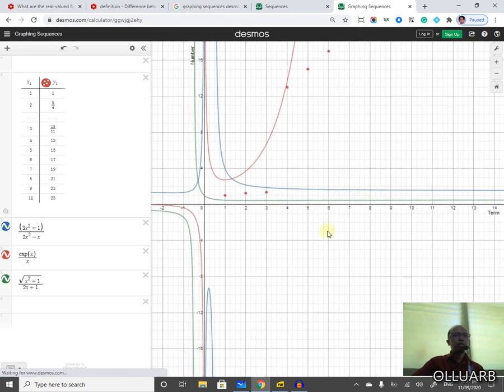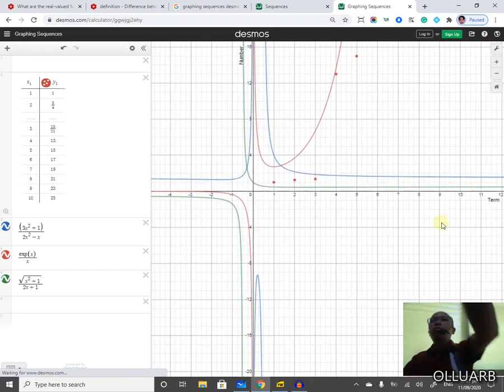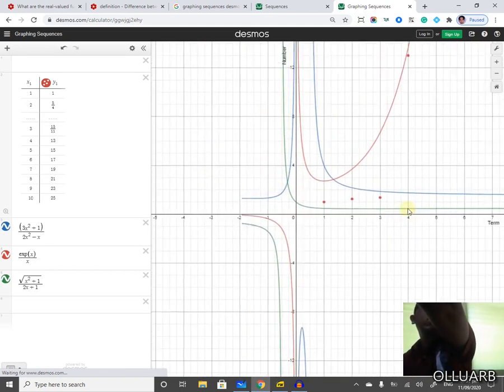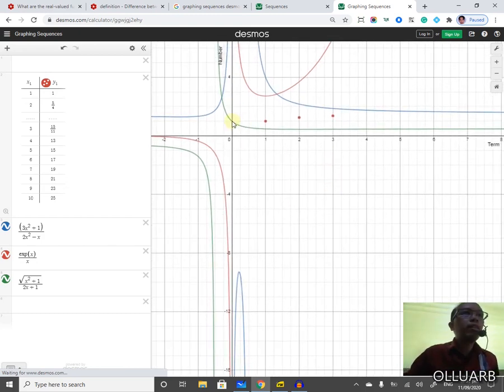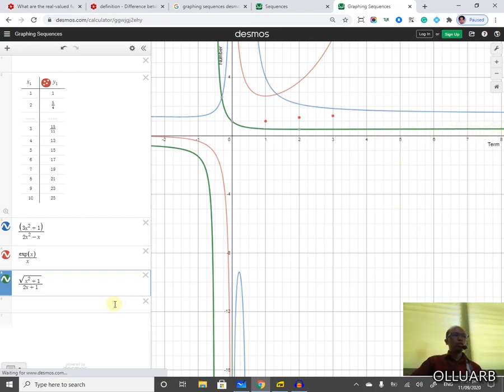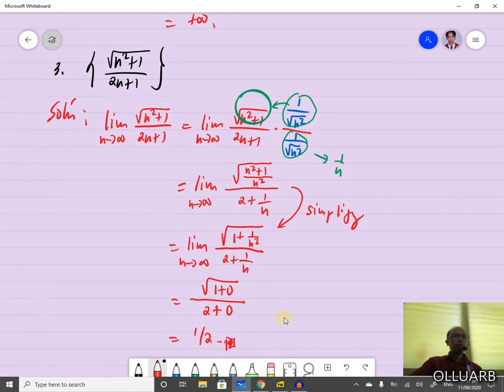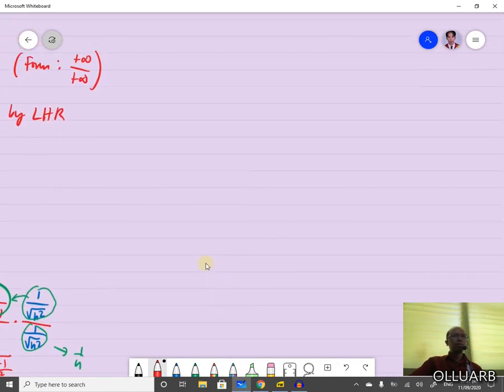Where's the green one? So let's try to zoom. So this is 1 here, so 1 half is here, and as you have noticed, as n approaches infinity, the limit is clearly 1 half. Okay, so that verifies our result.